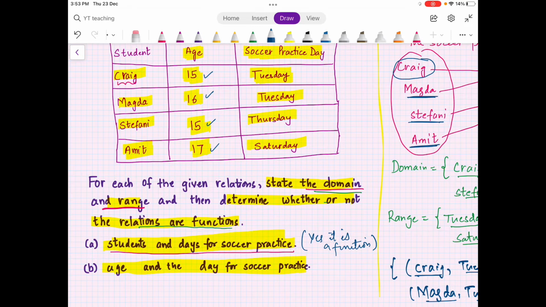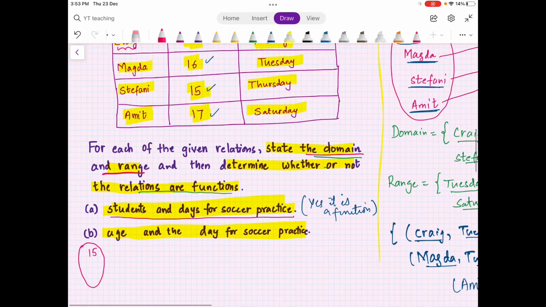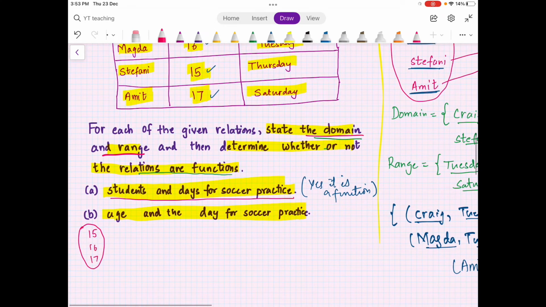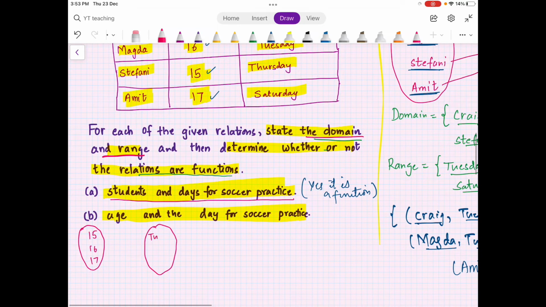So you have age here for part B. Age is 15. We can see 15, 16 and 17. And then you have days here: Saturday, Thursdays and Tuesdays.